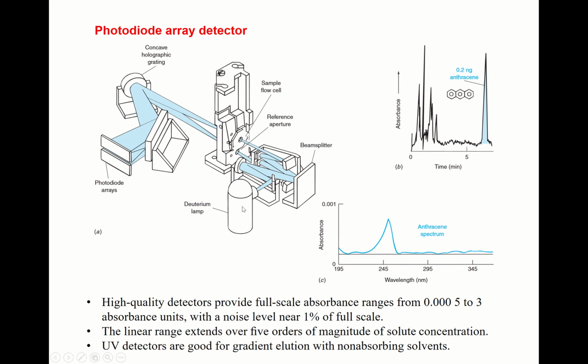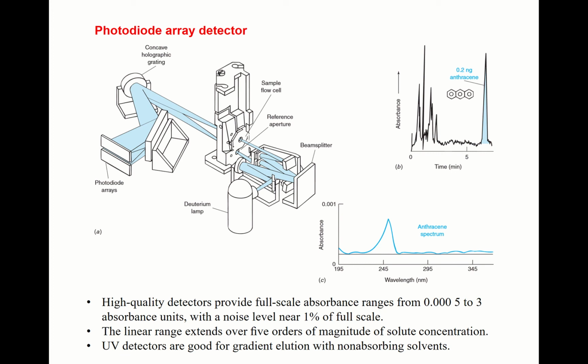And then the light passes the monochromator, enters the sample cell, and after the sample cell it is detected by the photodiode array. The beauty of this type of detector is that you can obtain the spectrum.